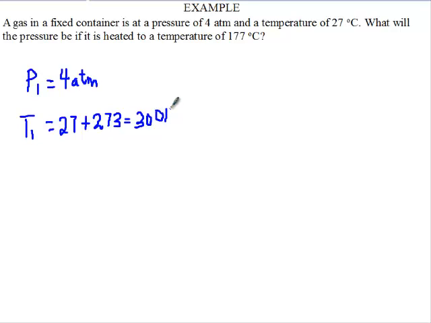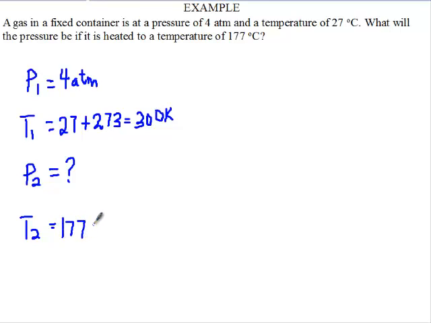So 300 Kelvin. Now what will be the pressure if it is heated to a temperature of 177 degrees Celsius? So we don't know pressure 2. That is what we've been asked to find. We do not know pressure 2, but we know temperature 2 to be equal to 177 degrees Celsius.